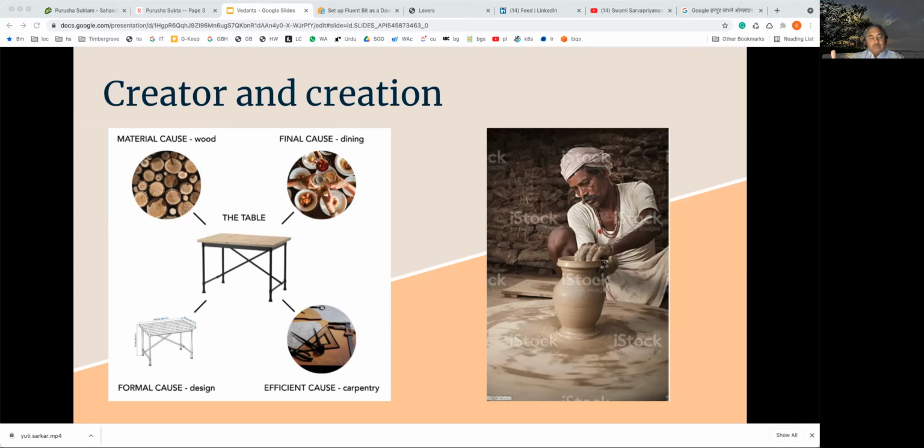Now, if you take a disconnected, aloof, unattached, detached perspective of this, one might say that all that is wood. A potter could make pots of different shapes, different sizes, different colors. But one might say that all is just clay.